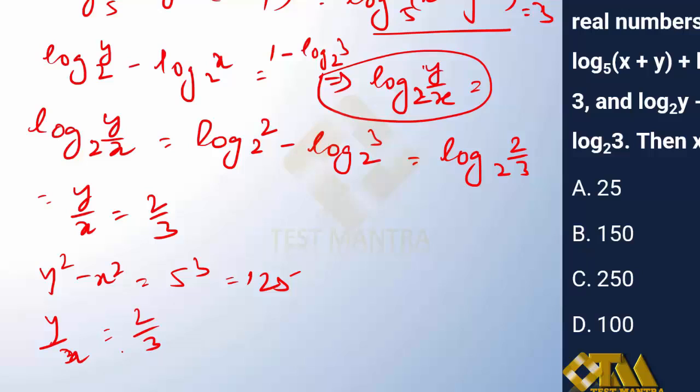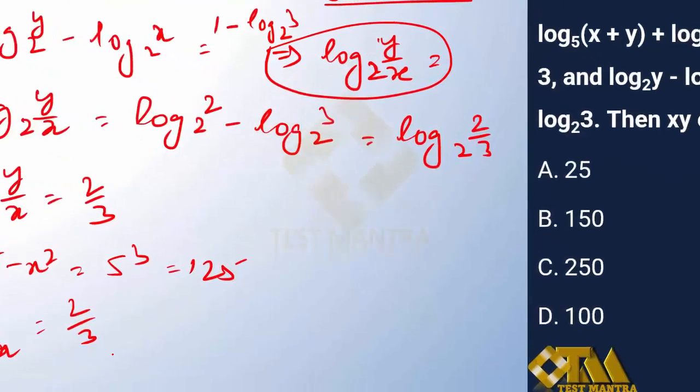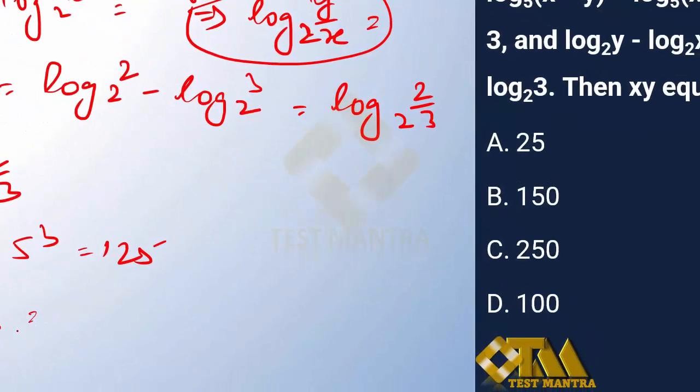If I go by the options also, we can find out that y will be 10 and x will be nothing but 15. So the product x into y should be nothing but 150, right? x into y will be 150.